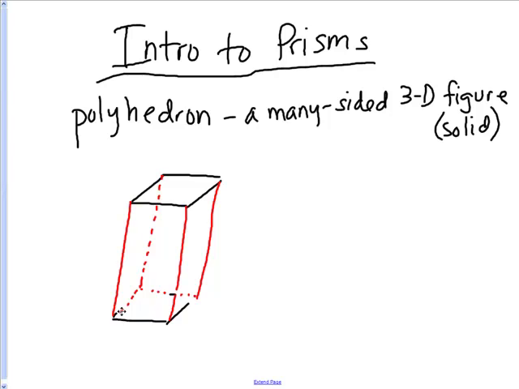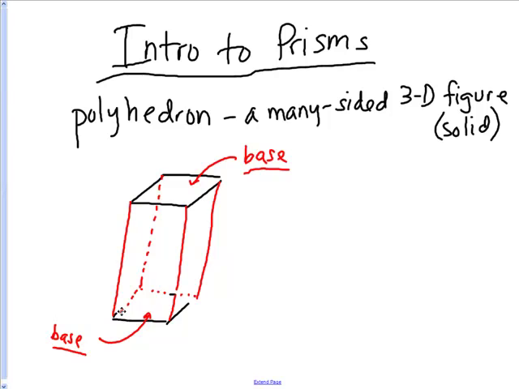So we're going to say that this base here and this base here are parallel to each other. That's what we mean by a polygonal region and its translated image on a parallel plane. Polygonal region for base 1 and a polygonal region for base 2, and they are parallel to each other and connected with quadrilateral faces.